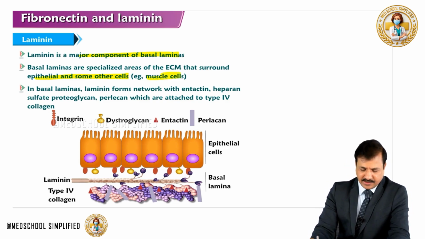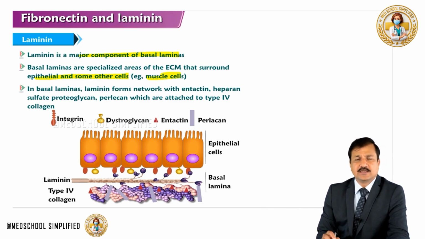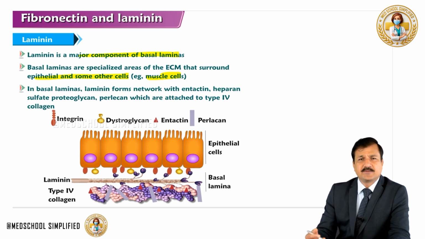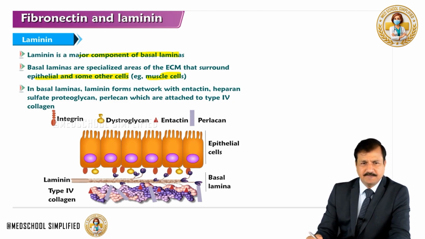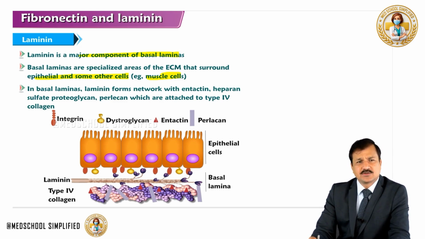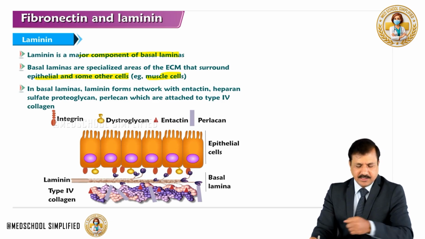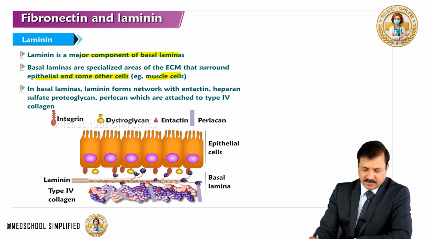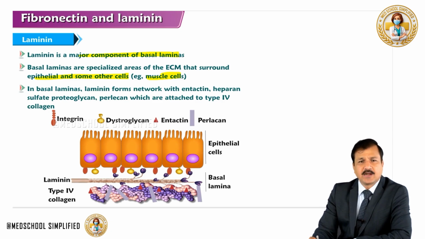As you see here in the figure, the basal lamina, which is towards the exterior of the cell there, contains the laminin protein, and laminin is going to interact with type 4 collagen and other collagen associated proteins like integrin, dystroglycan, nidogen and perlecan.